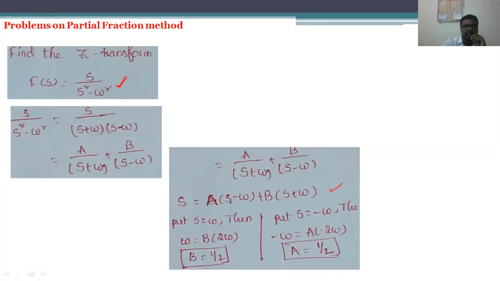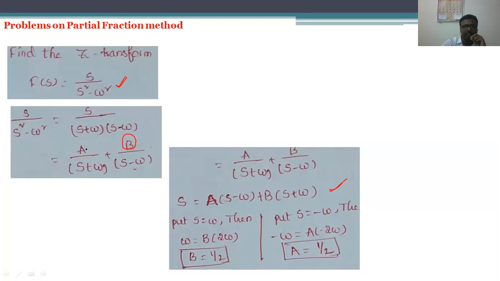Just substituting the value of the first root. For obtaining the value of B, substitute s is equal to omega, so that s minus omega is equal to 0. Substituting s is equal to omega in this equation, we get B is equal to 1 by 2.